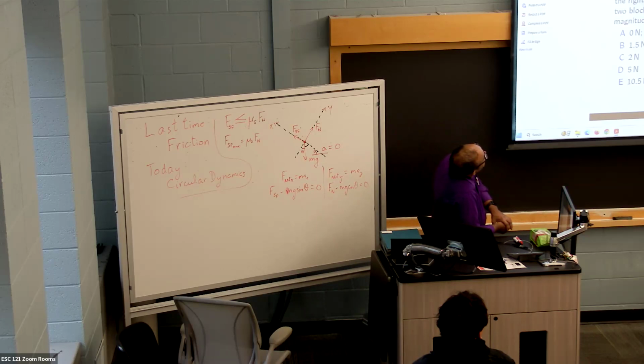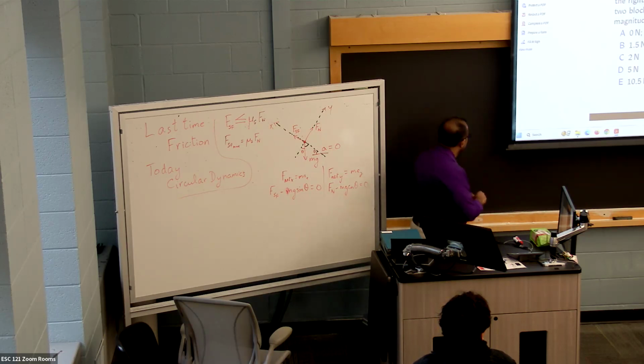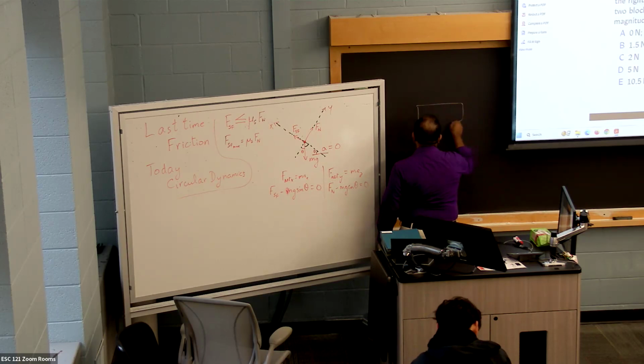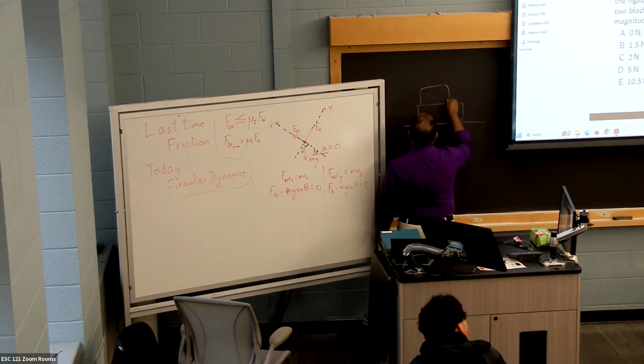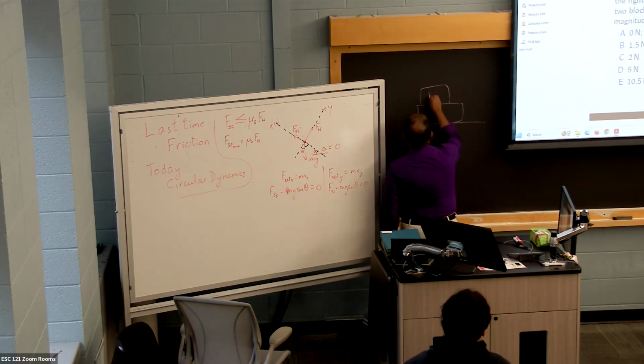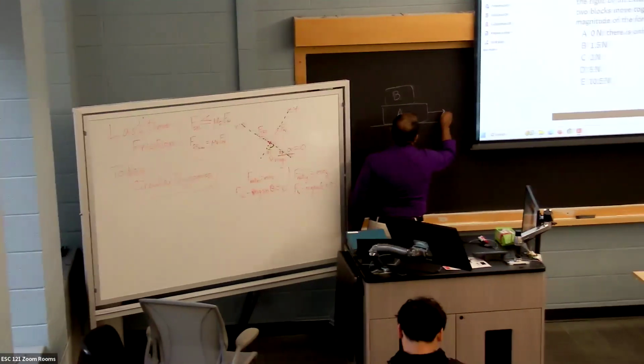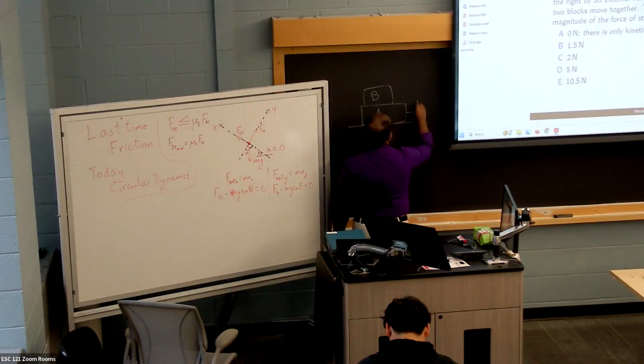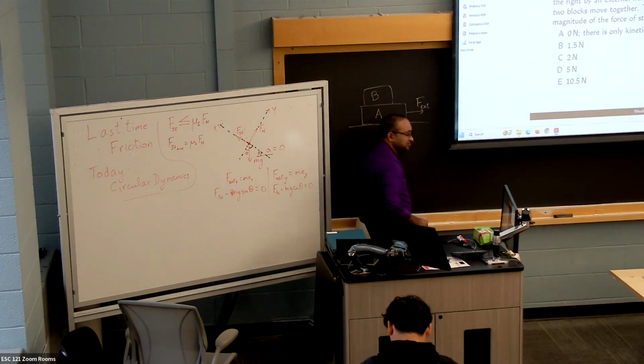So go ahead and try this problem. Block. So as usual, your first step should be what? Free body diagram. Yeah. So just draw the general situation here. B is on top of it. Yes. All right. Have at it. Give it a shot.